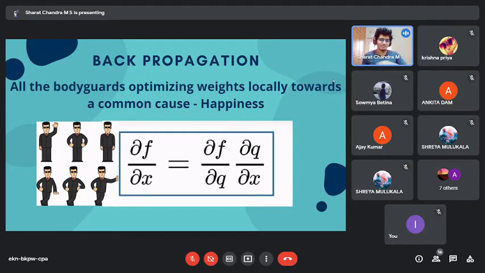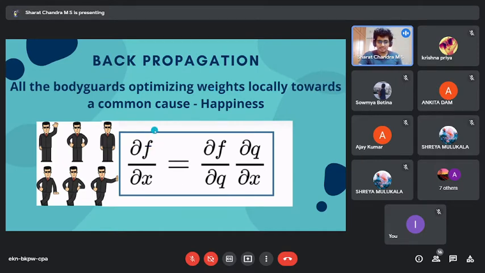The kid throws it back to the bodybuilders, and they try to figure out what's wrong in this box. There might be many layers in a neural network; this was just a simple one. Level 1, level 2, level 3, level 4. The goal of all these bodyguards is simple: just make the kid happy.